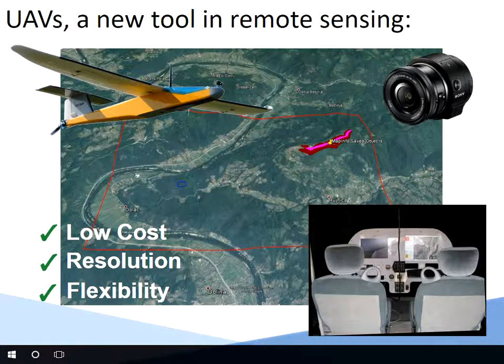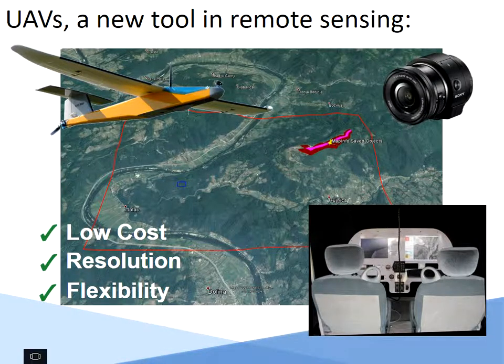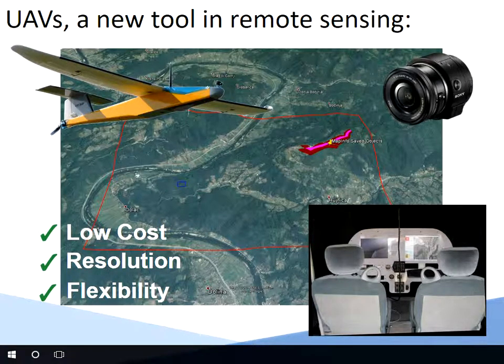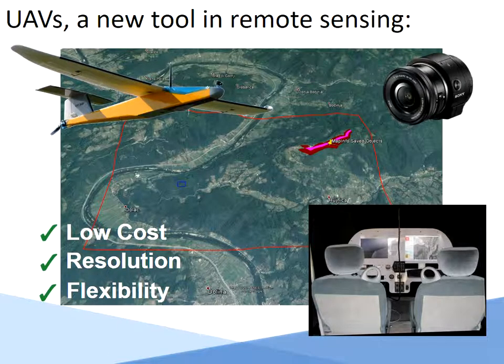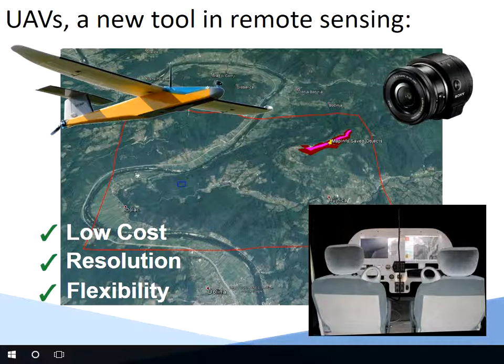Also, we can fly just at the moment as we need it, for example, just before and after the demining campaign. And at the end, what we have here is a kind of pocket satellite that you just pick up and throw to acquire the images you require.